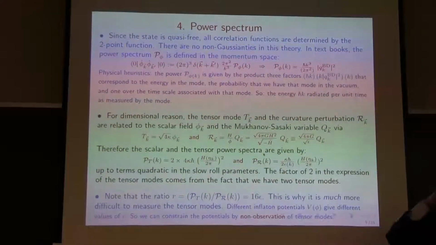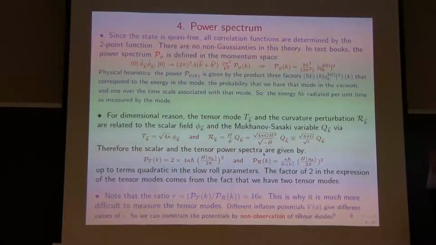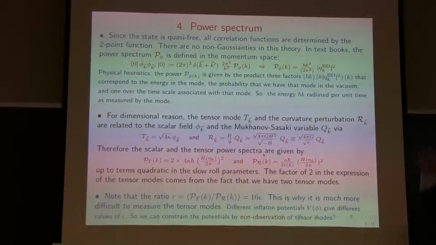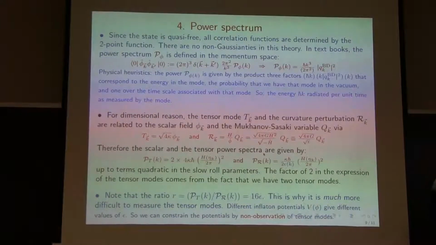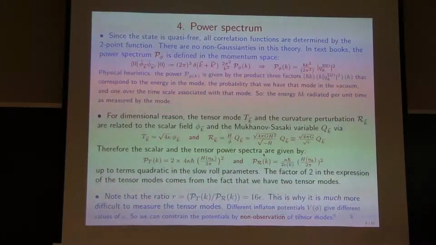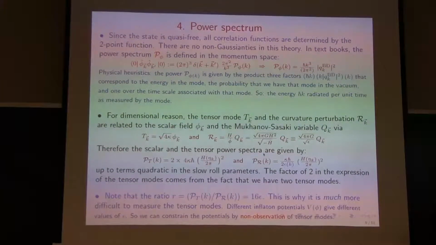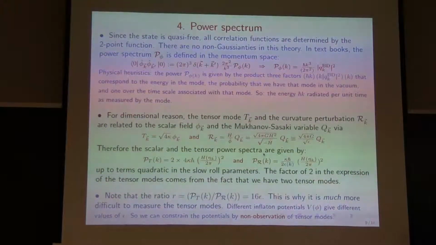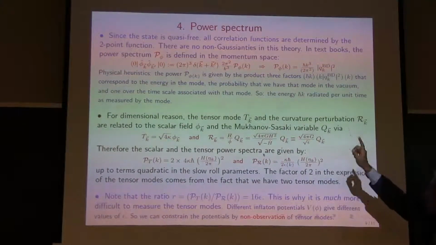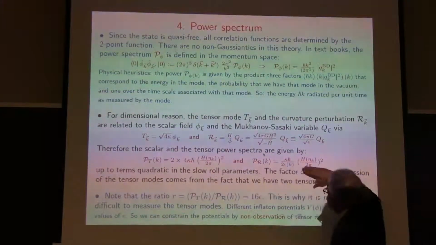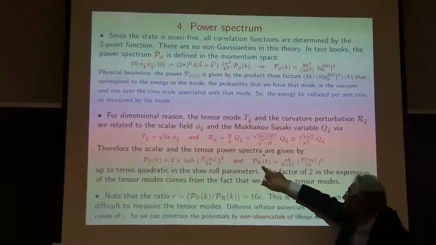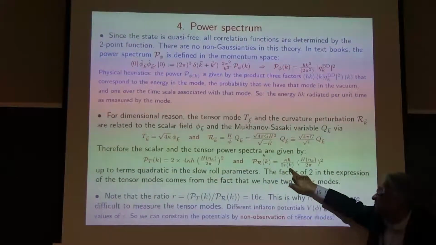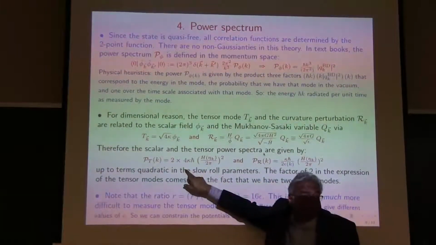The scalar power spectrum is translated into density or temperature fluctuations. And so what the various missions measure, COBE first, then WMAP, then Planck, is this temperature fluctuation. So the temperature fluctuations they are measuring is the power in the scalar modes. And we can see that the power of the scalar mode has 1 upon epsilon in it relative to the power of the tensor mode.